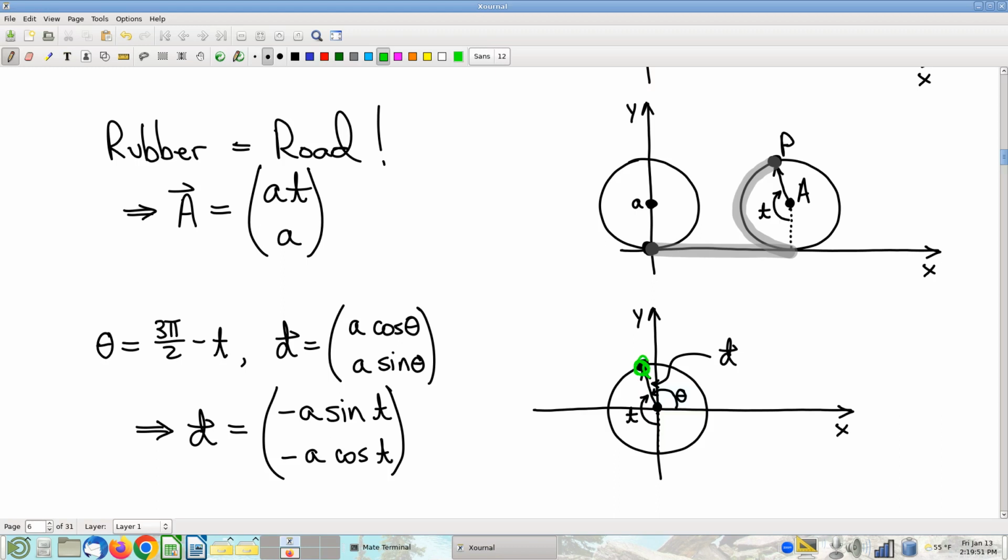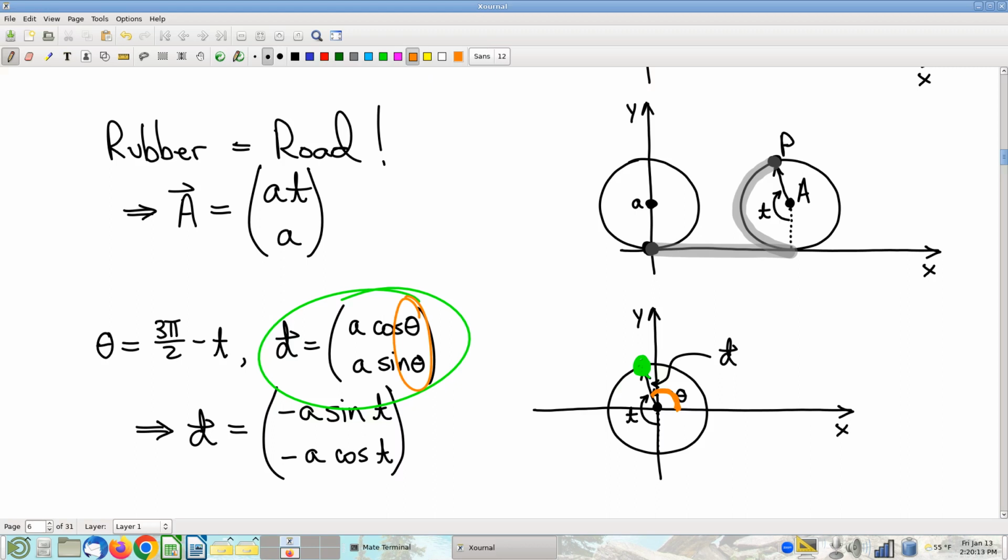Well, it's a point on a circle of a certain radius, so cosine theta, sine theta, and don't forget to multiply by the radius. It's an easy trig there. A cosine theta, A sine theta. Keeping in mind the annoying fact that that's in terms of this angle, theta.